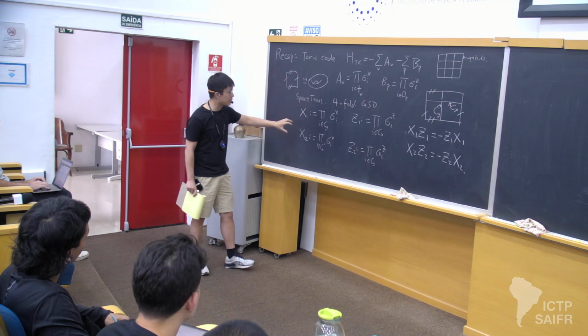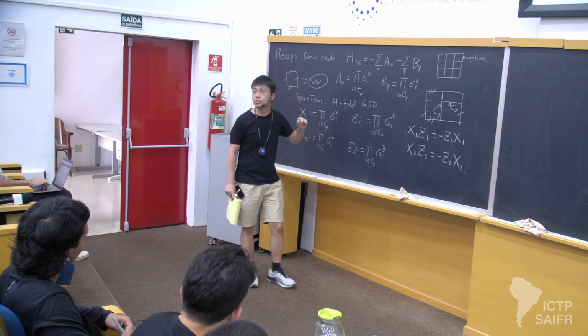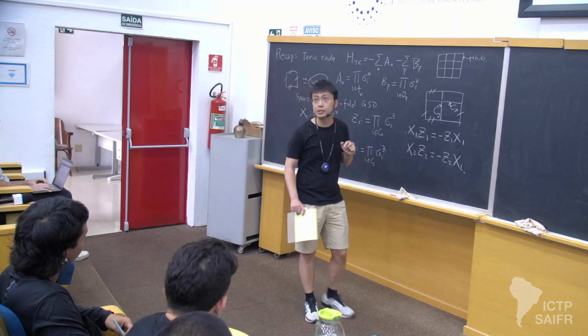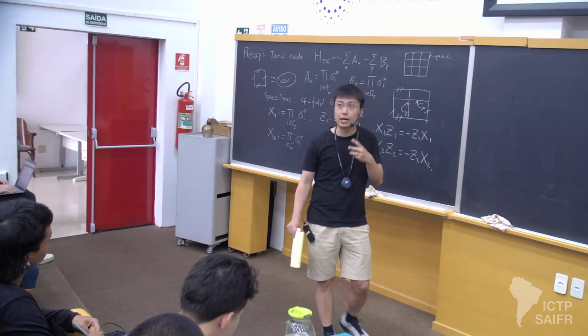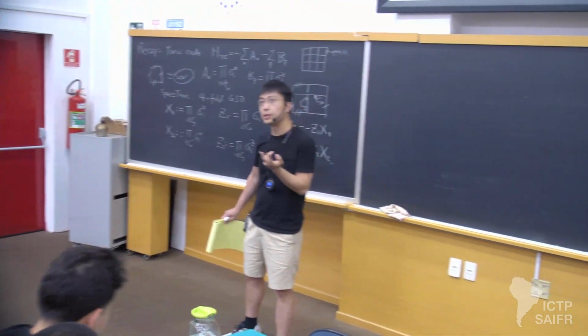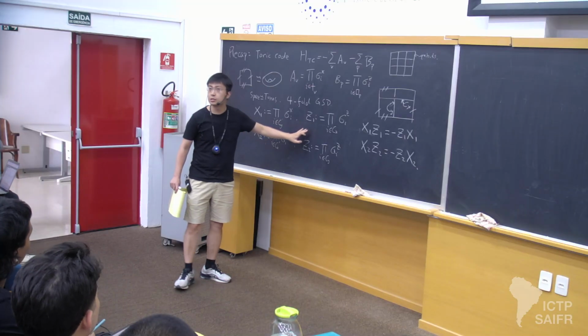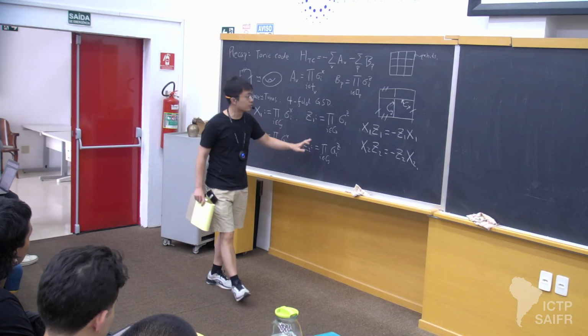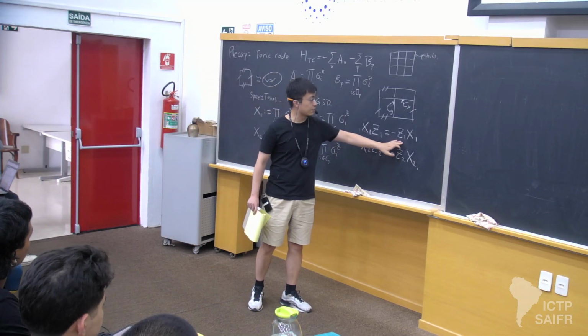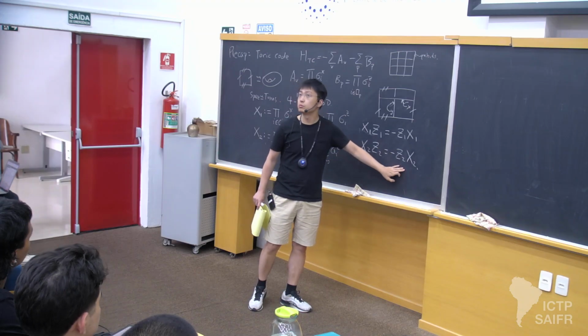And we can figure out the operators that act within this fourfold degenerate subspace. Essentially, you have a fourfold degeneracy that behaves like two independent qubits. These are the effective Pauli operators acting on the two qubits. They are Pauli operators because they have this anti-commutation rule like this.